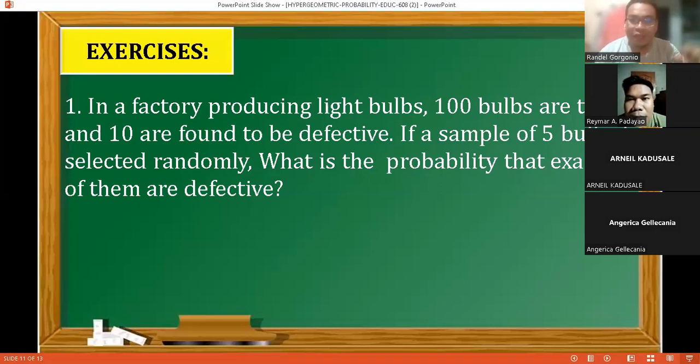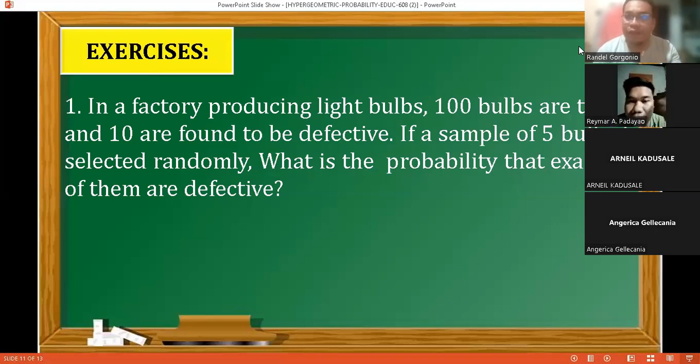You have the given: 100 bulbs, 10 defective, 5 sampled randomly, and exactly 2 of them defective. By means of the formula, we can immediately substitute the values for N, K, n, and k.